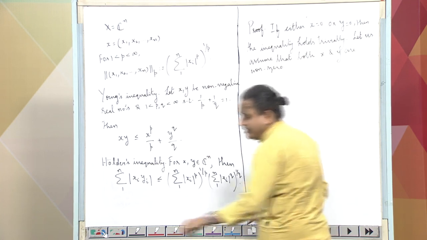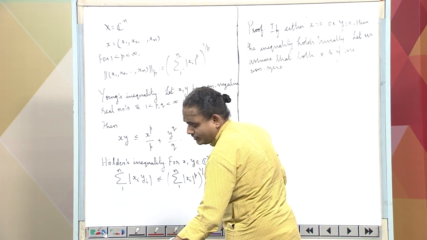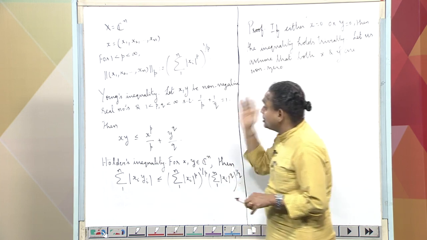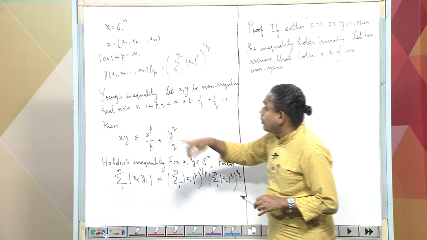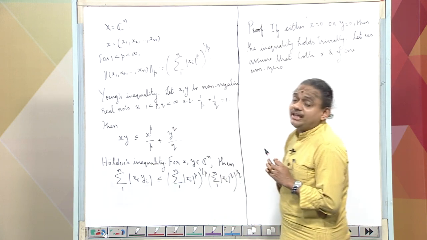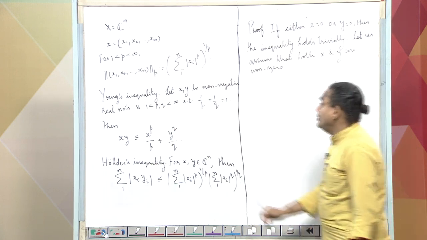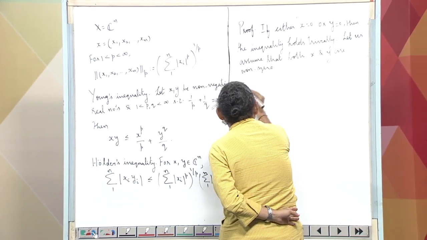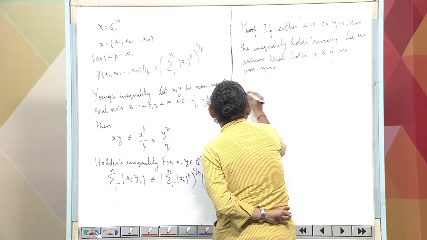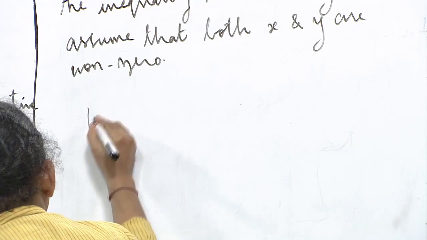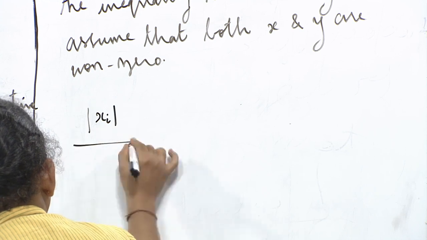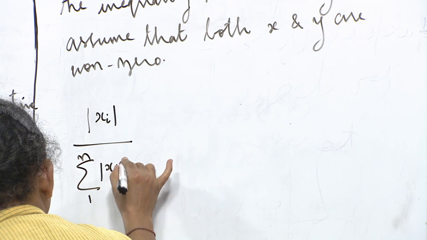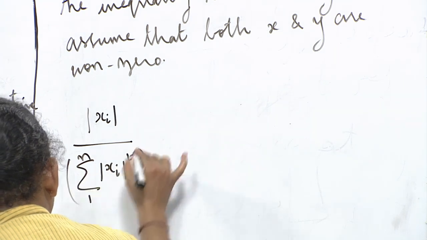Right. So, having made this first observation, as we mentioned earlier, we will have to make use of Young's inequality, for which we need two non-negative real numbers. So, let us choose two non-negative real numbers. One is mod xi upon the summation from 1 to n of mod xi power p, whole raised to the power 1 by p.